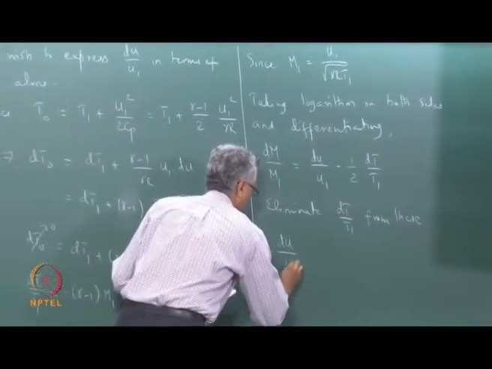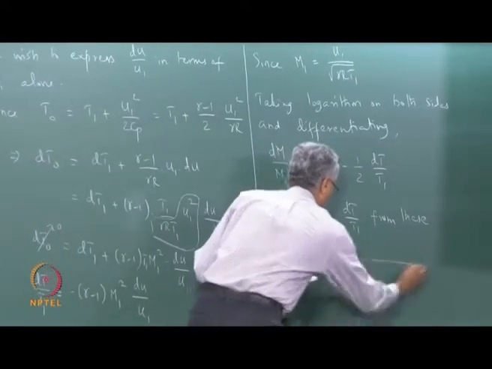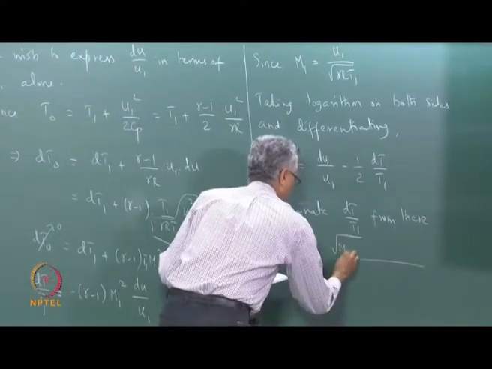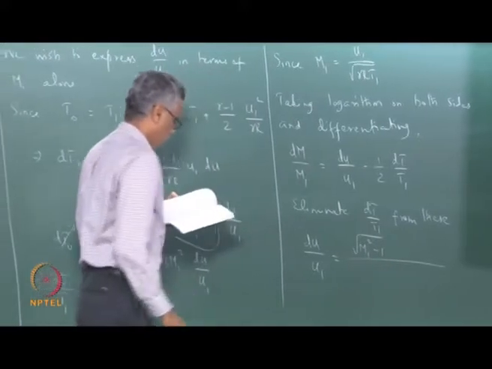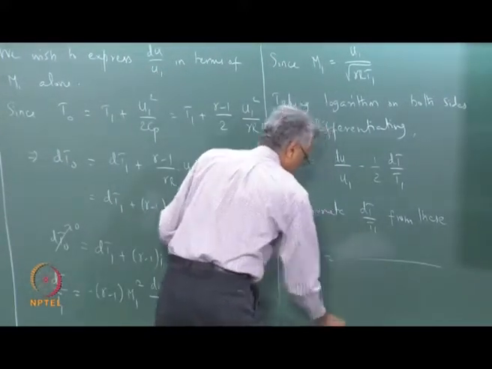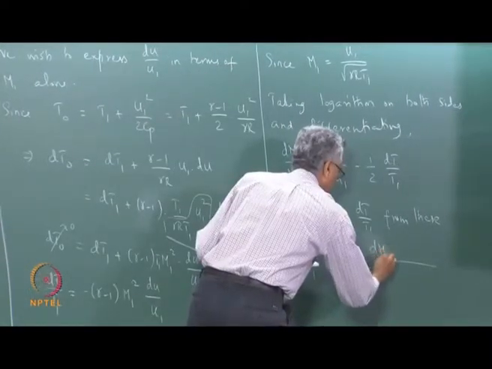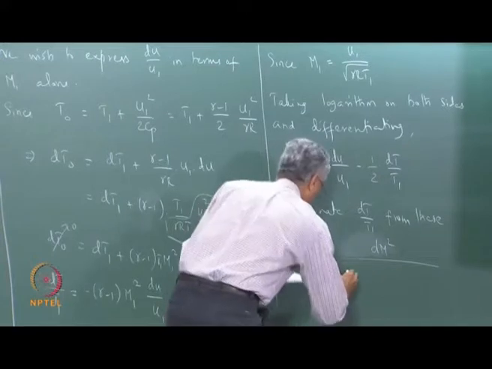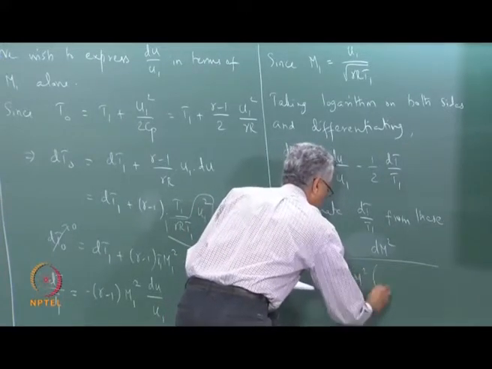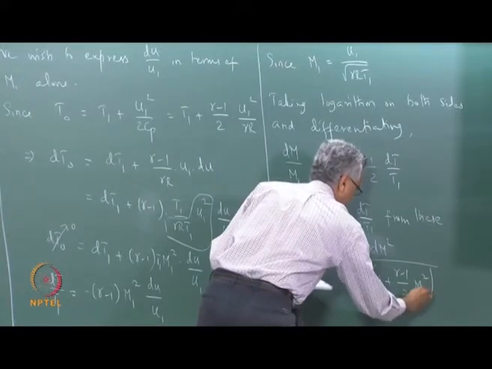It is convenient to write it like this: du over u is equal to d of M square divided by 2 times M square times 1 plus gamma minus 1 over 2 times M1 square.